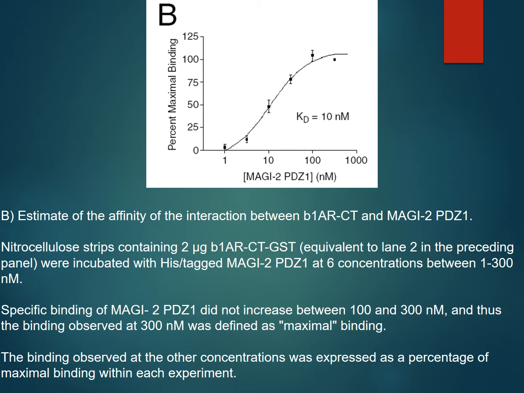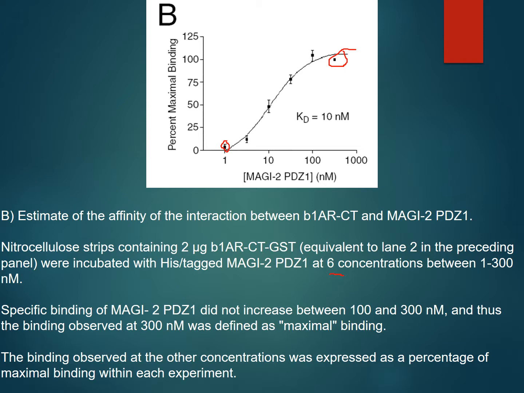So they overlaid it, and they did it at 6 concentrations between 1 and 300 nanomolar of the detector here, the MAGI1. So they did a low level, so there's almost no detection here. And the highest level was up in this region, and you see we'd already hit a plateau.